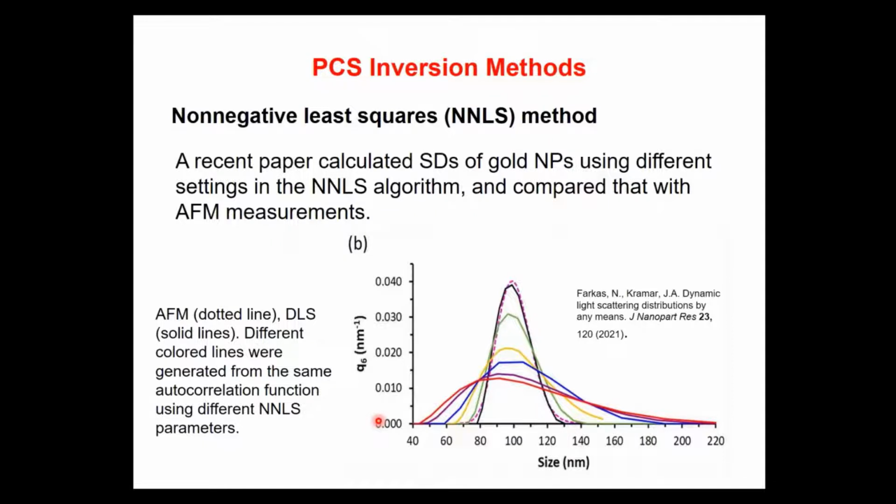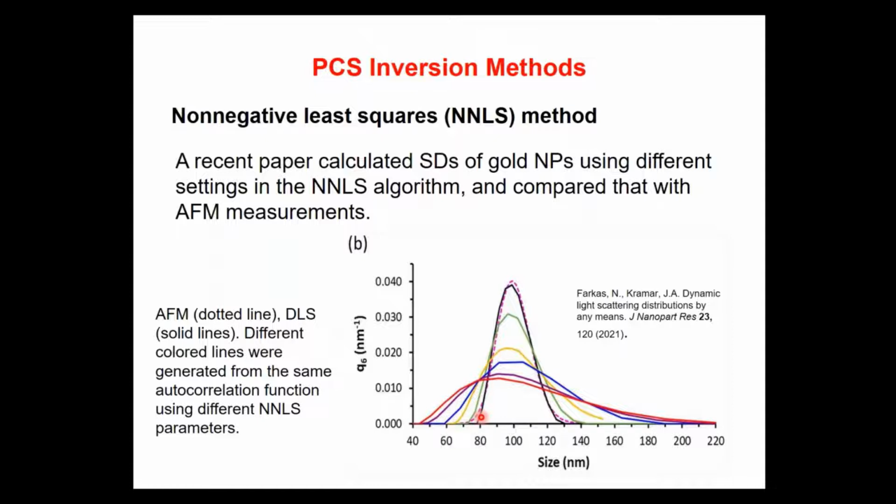This is an example from a recent paper that took gold nanoparticles and measured them with atomic force microscopy after being deposited on film, and that was treated as the ground truth particle size distribution. The authors then measured the same dispersion with a PCS system using non-negative least squares, and then varied the parameters and found that the dotted line, which is the AFM measured size distribution, could only be matched by rather severely torquing on the parameters that were changeable in the algorithm.